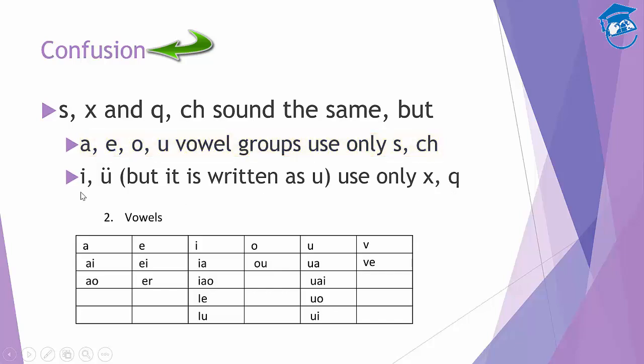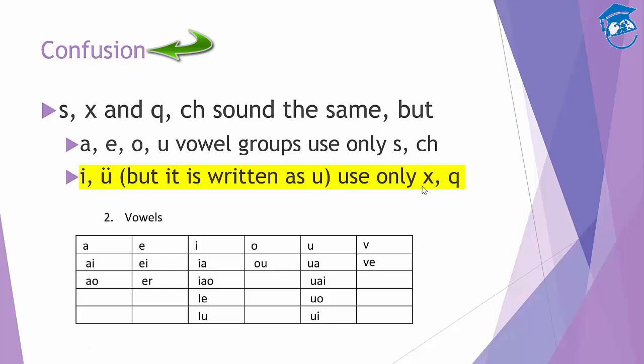But for I and U vowel group, they only use X or Q here. But remember, whenever these two words are using U sound, we always write this U next to it.